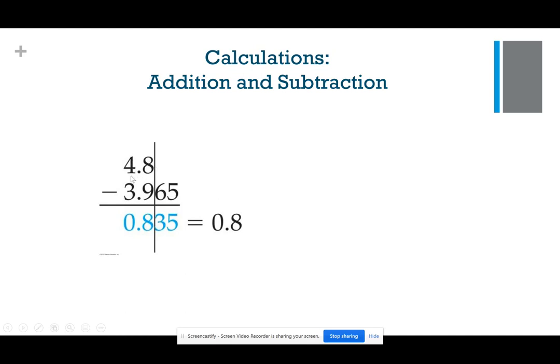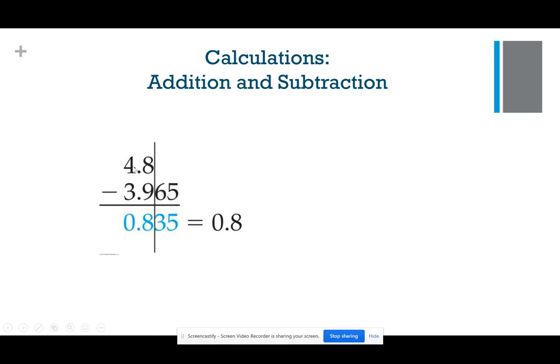So go ahead and write out your addition subtraction problems. You're going to write the numbers stacked on top of each other. You're going to line up the decimal places. When doing addition subtraction, you're also going to be limited by the weakest link. But this time, to find the weakest link, we're going to count decimal places.